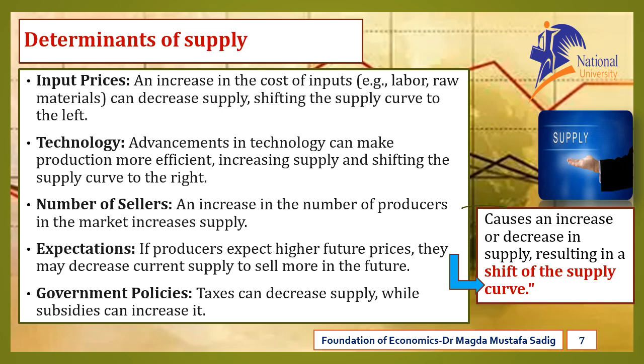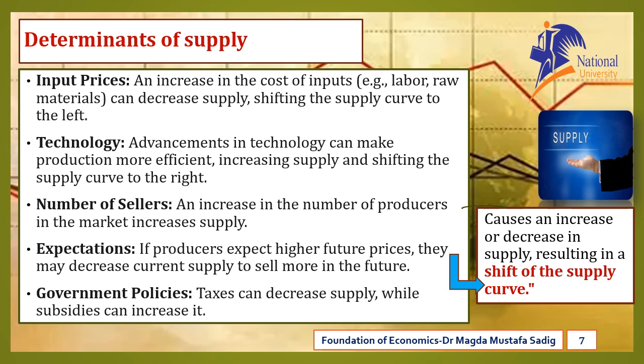So let us go through them one by one with real life examples. Input prices or cost of production. When the price of inputs like labor, raw materials, or energy increases, it becomes more expensive to produce goods. As a result, firms may produce less, reducing supply.